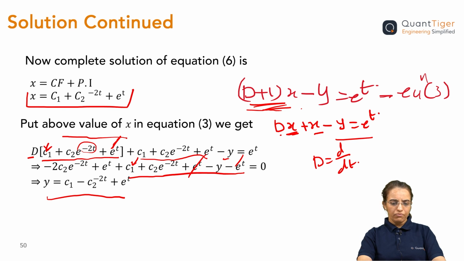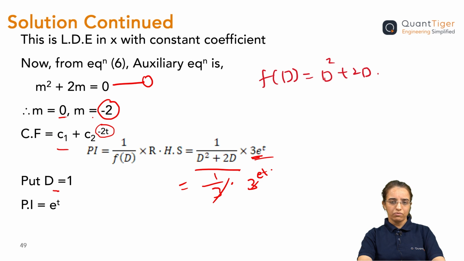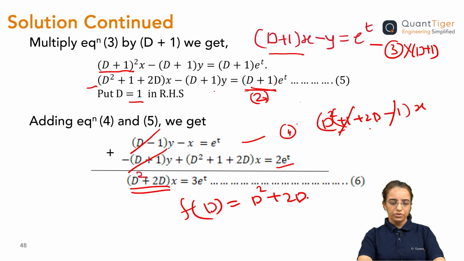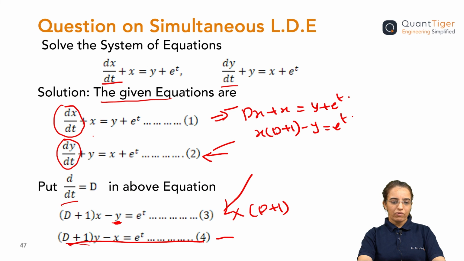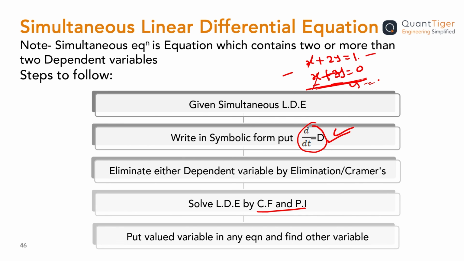So, if you understood that part clearly, what substitution we have to do and how to use it, it will be quite easy, because the basic concept of simultaneous equations does not change, only it is coming along with differentiation. So, d square y by dx square, dy by dx will be included in that.